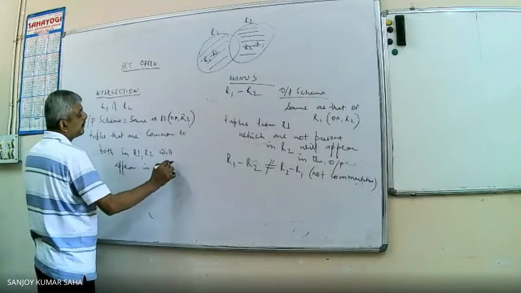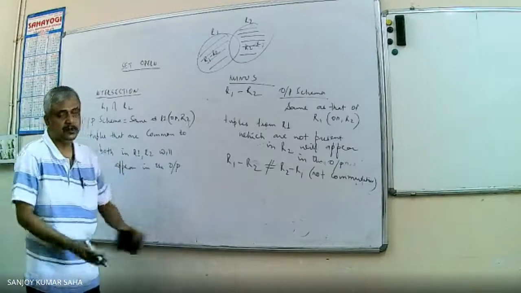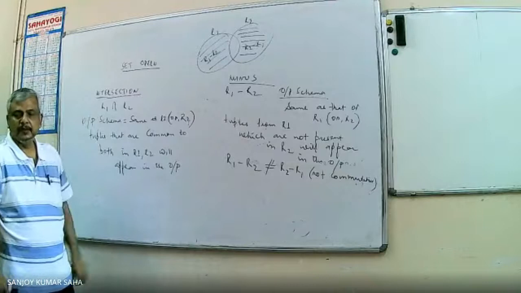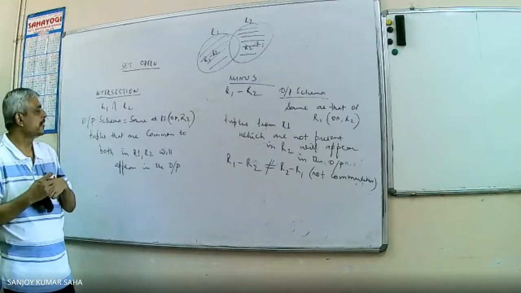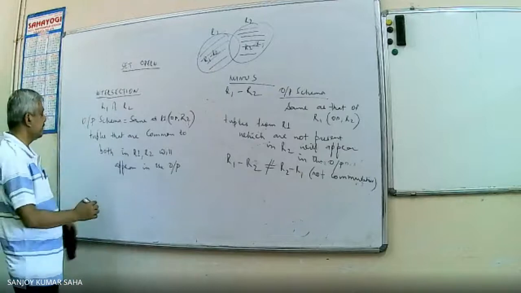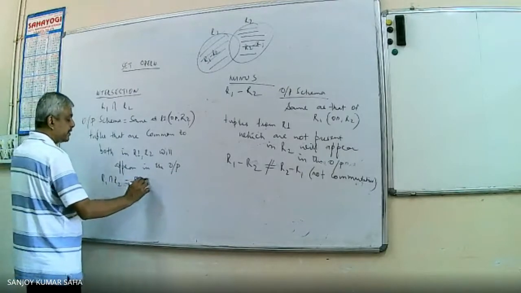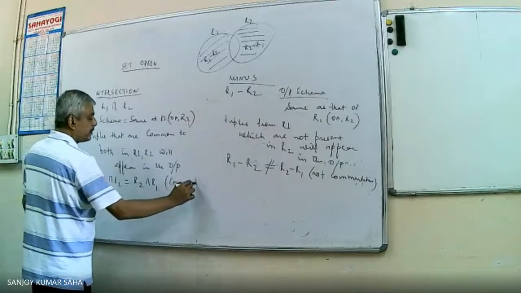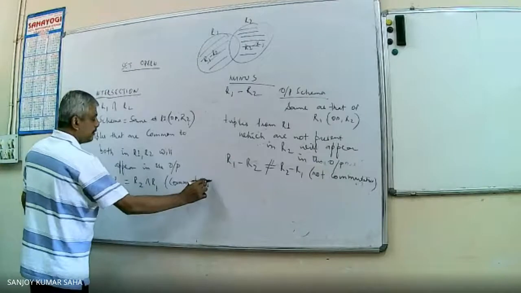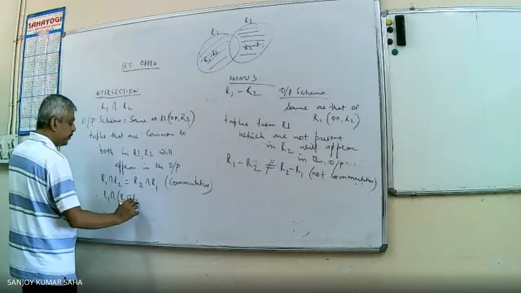Again see, these set operations also work on multiple relations, at least two. Again, R1 intersection R2 is the same as R2 intersection R1, so this is again commutative. Here also the associative property will hold.